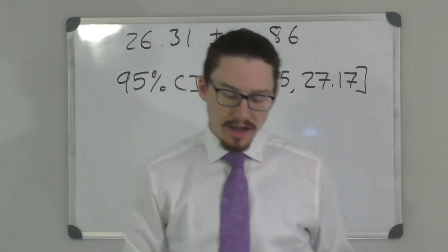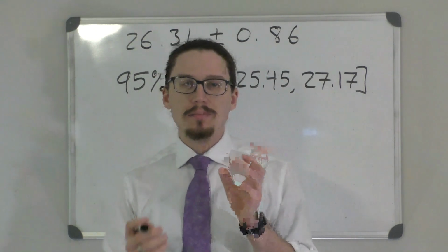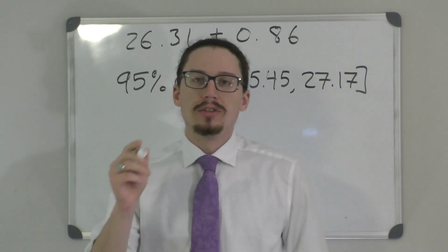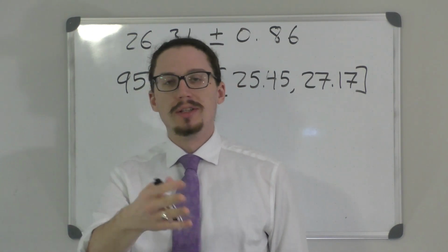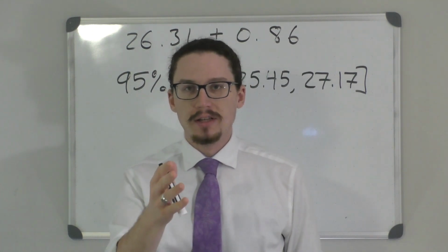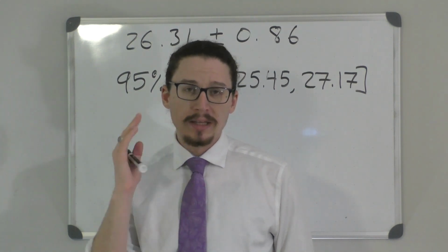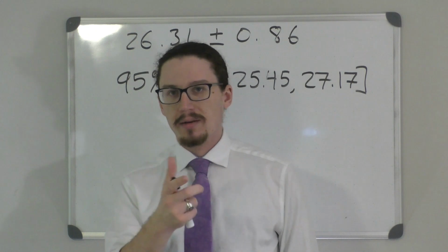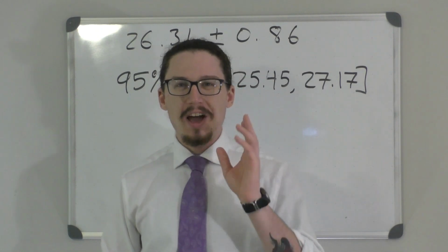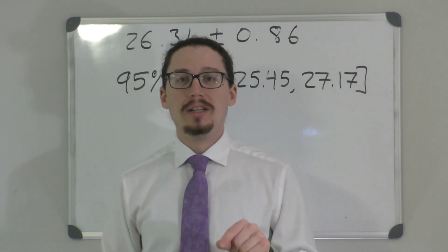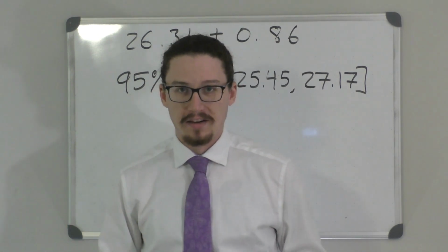Now, in the last video, we talked about how, when we were just looking at our formula, the probability that the population mean falls into an interval constructed using that formula, for the 95% confidence interval specifically, where we had 1.96 in there for the Z, was 0.95, right?